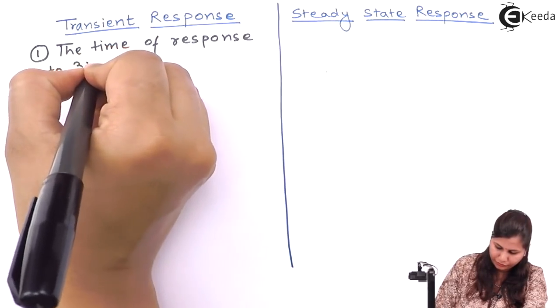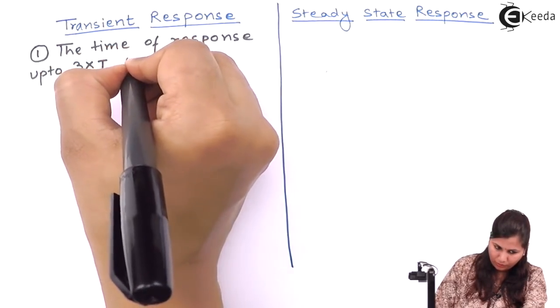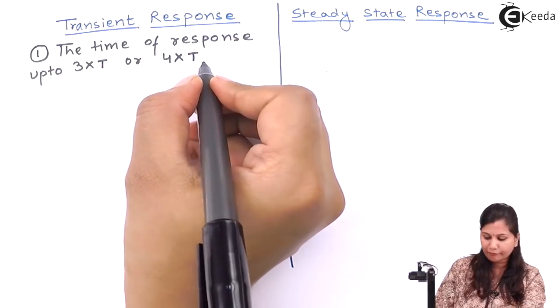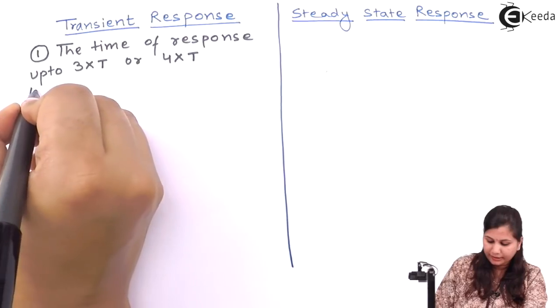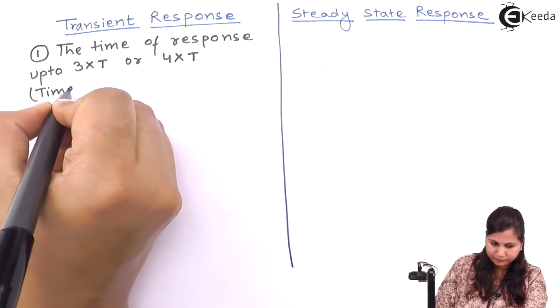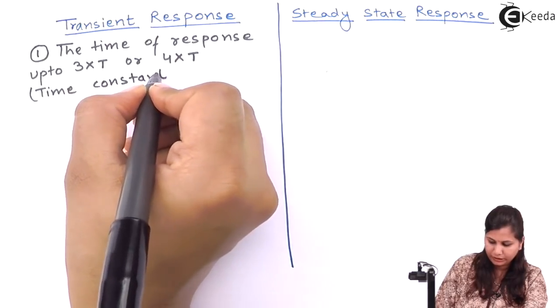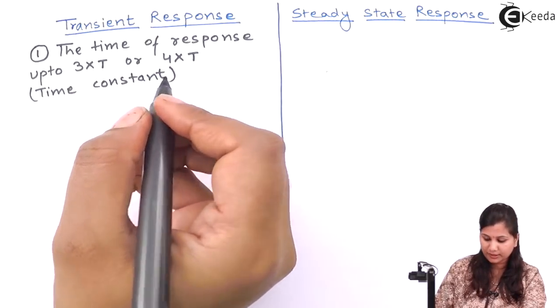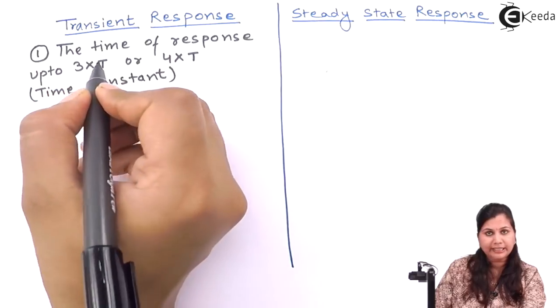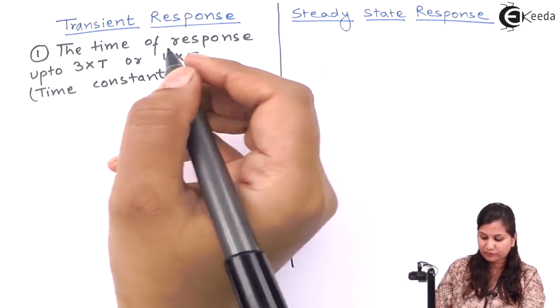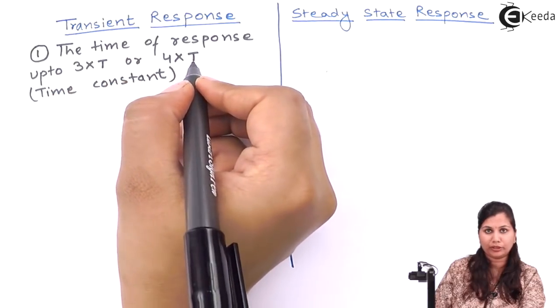Up to 3T or 4T. What is this 3T and 4T? T is the time constant of the system. So this is 3 times the time constant or 4 times the time constant. We are multiplying 3 and 4 to it.